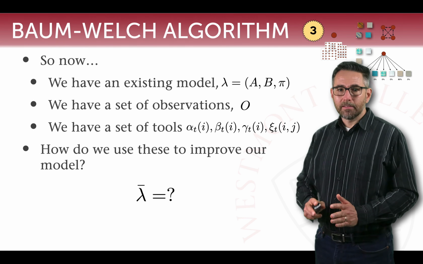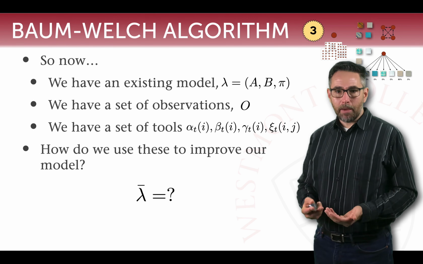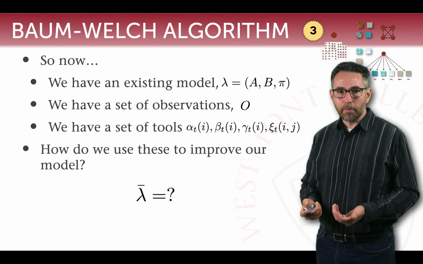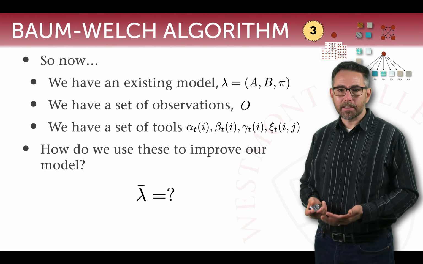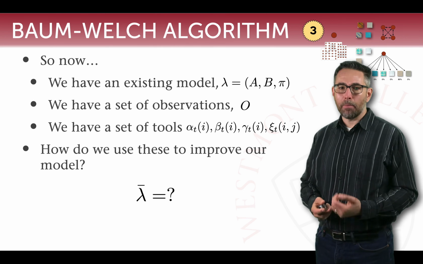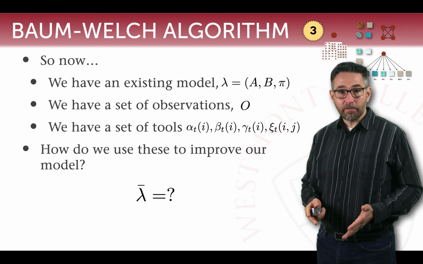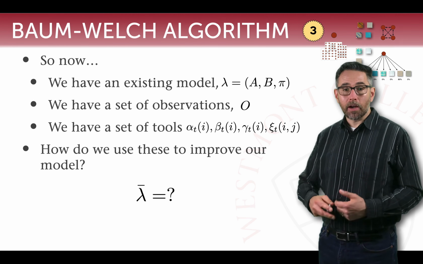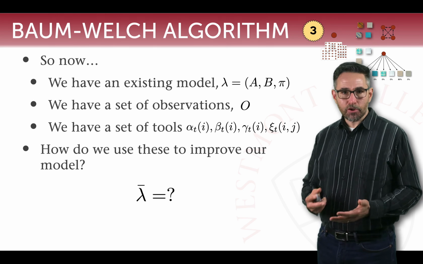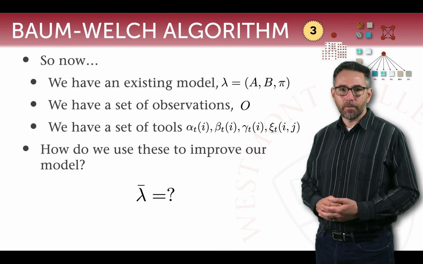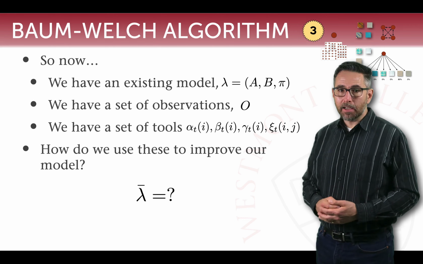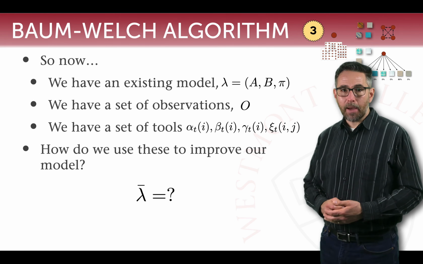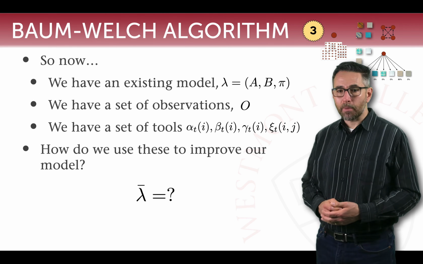Where are we then? We have an existing model lambda consisting of the probabilities that we would like to adjust, A, B, and pi. We have a set of observations that came from running our robot through the world. This is our training data, O. We now have a set of mathematical tools to help us improve our estimate.